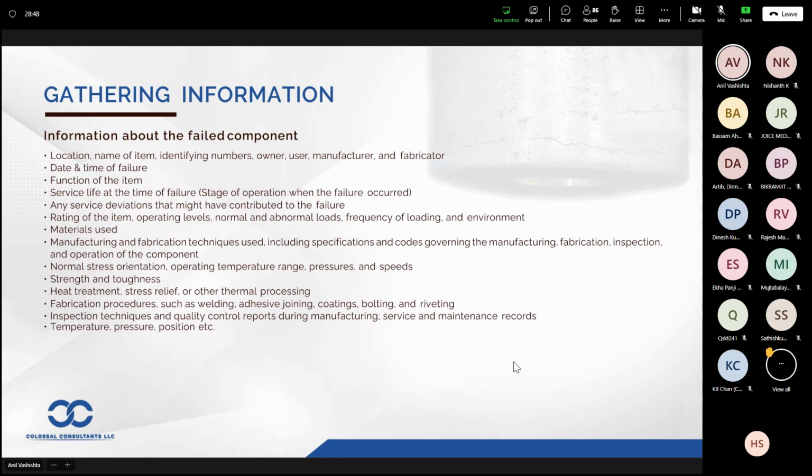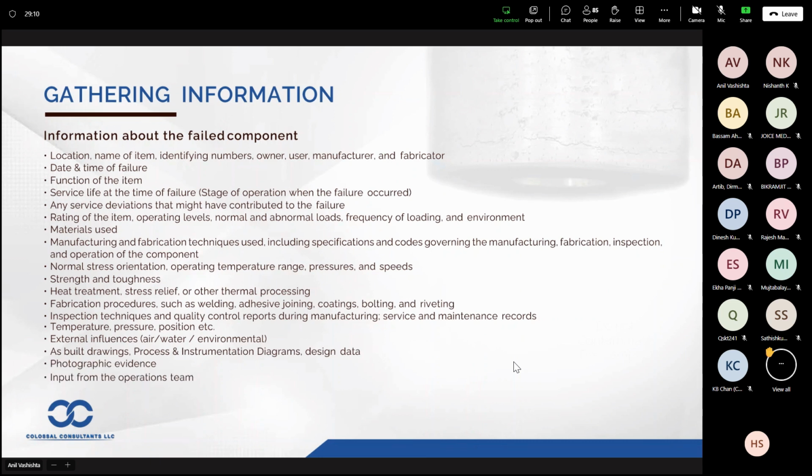Temperature, pressure, position, external influences like air, water, and environmental conditions. So you need to review if the failure is associated with these. You have to consider these also as part of the analysis, like what the water quality was, etc. As-built drawings and photographic evidence.